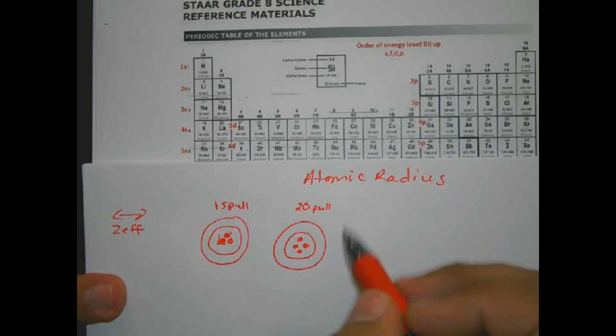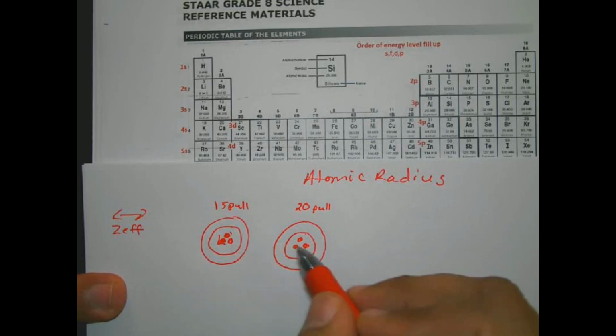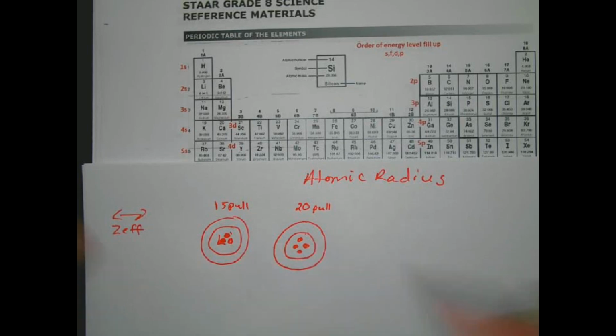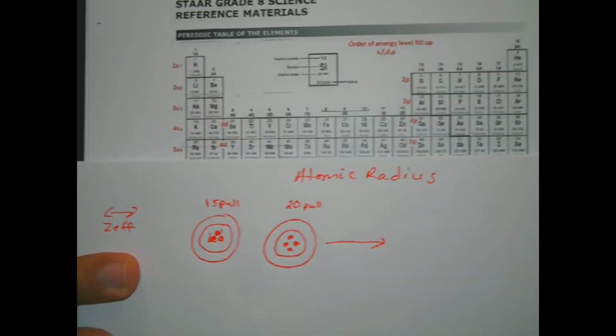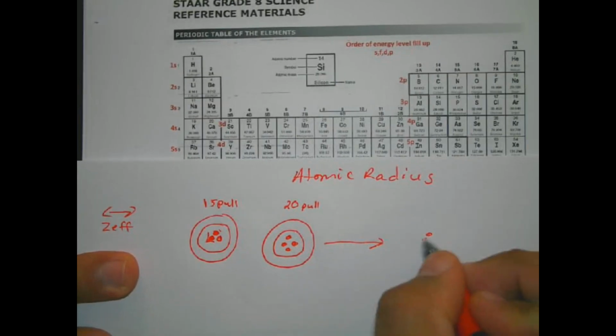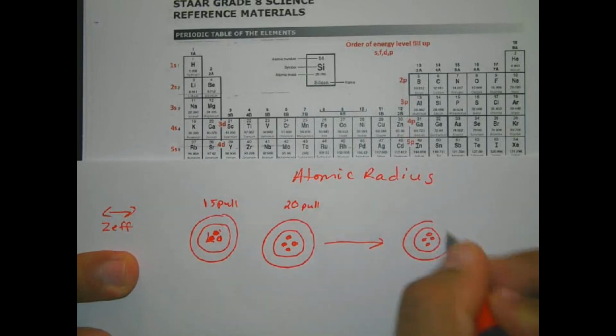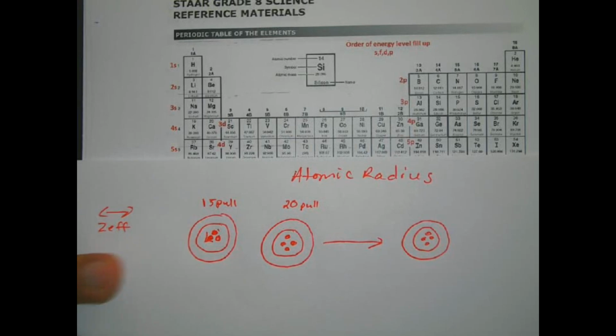So with everything being the same, if you increase the protons, you increase the pull force, therefore the nucleus is able to grab onto those electrons harder, thus pulling them in closer. So what happens is, as you increase the number of protons, you actually contract the atom. It's going to get smaller as you increase the pull force.